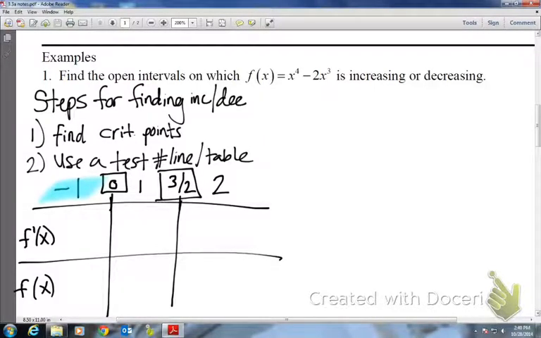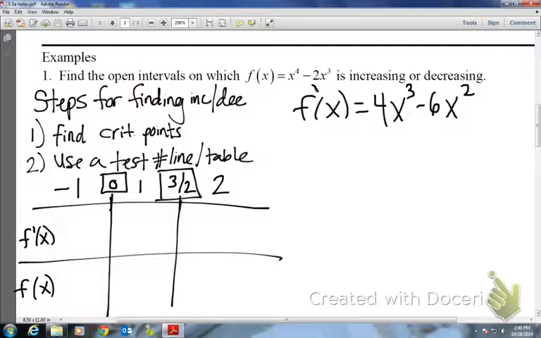So what I'm going to do right now is take this -1 in the derivative function, so I should actually probably write that derivative function back out. It was f prime of x equals 4x cubed minus 6x squared. So for this first one, I'm going to take this test value, -1, and plug it into the derivative function to figure out if it's positive or negative.